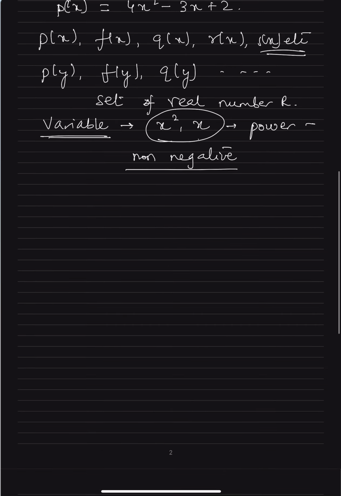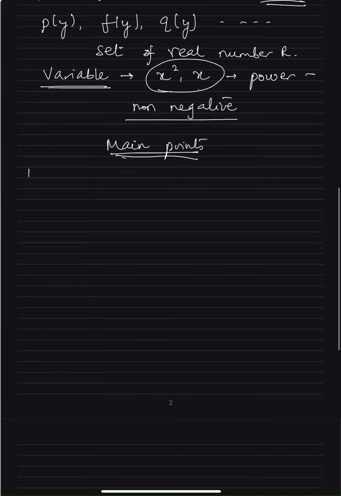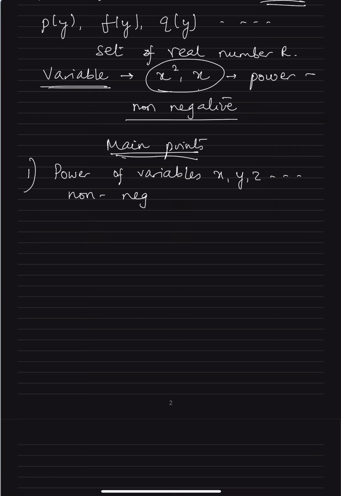So if I want to understand it more easily and clearly, there are 3 main points regarding polynomials. First, the power of variables x, y, z, etc. is always non-negative. They can never be negative.